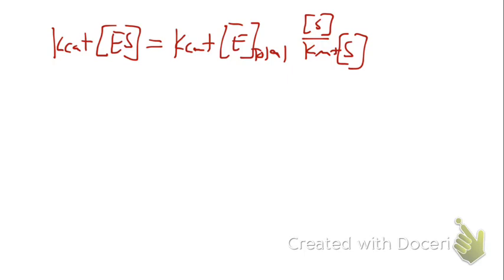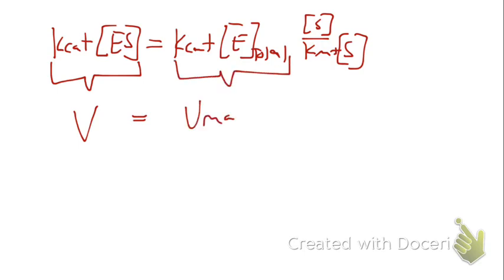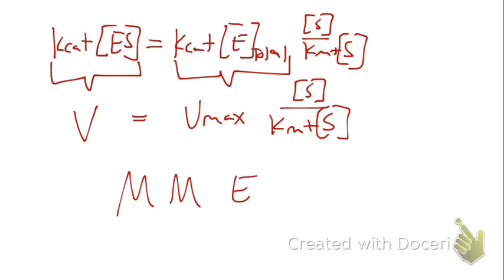Like what we saw in class, this is the same as velocity, this is Vmax, and then this stays the same. And this is the Michaelis-Menten equation.